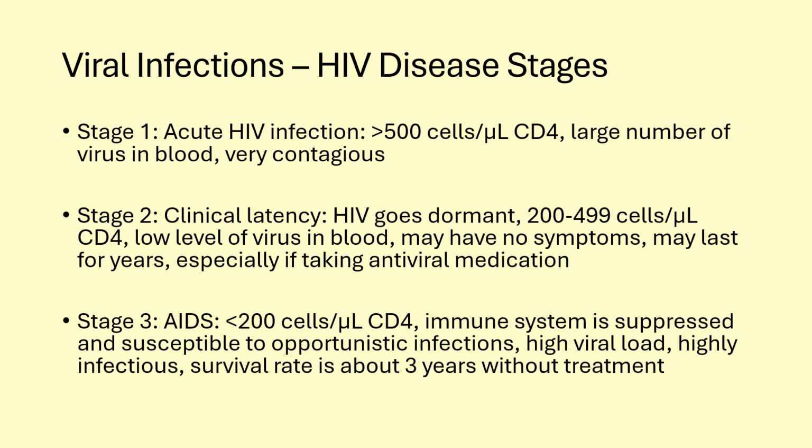Well, at this point, if you're in stage 3, you have AIDS, you're immunocompromised. You tend to have a very high viral load. You have lots of virus in the blood. You're very, very infectious. Survival rate, once you have entered into stage 3, if you are not receiving any treatment, is about 3 years. Now, if you're receiving treatment, that is going to prolong your life.